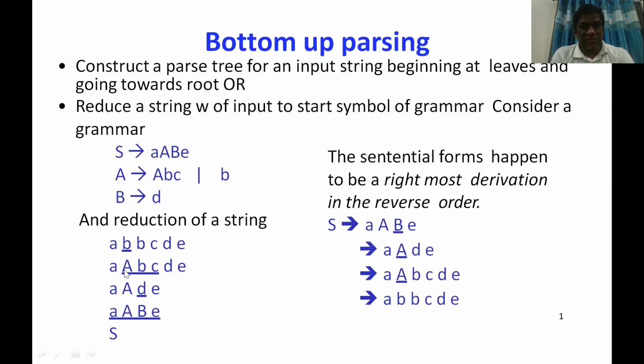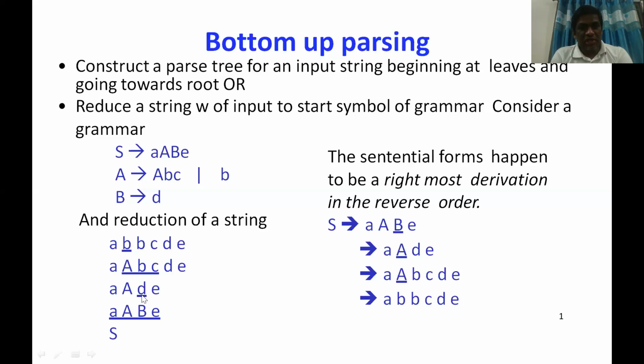That means small b can be replaced by the variable capital A. And then if you look at this string capital A, b, c, you can replace it with capital A. Capital A b c can be replaced with its LHS symbol, capital A, followed by d e, which is already there.